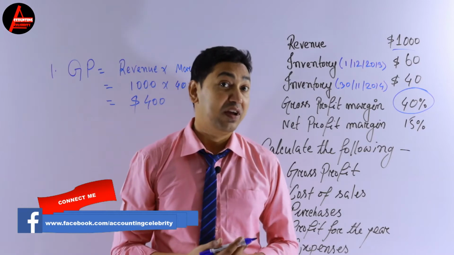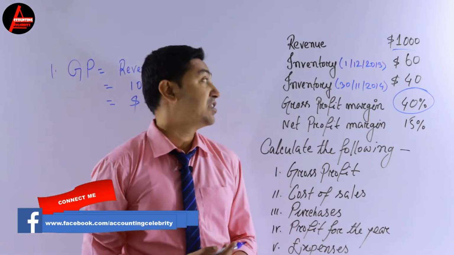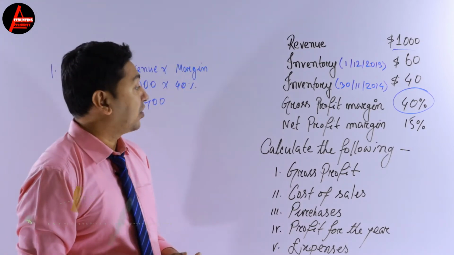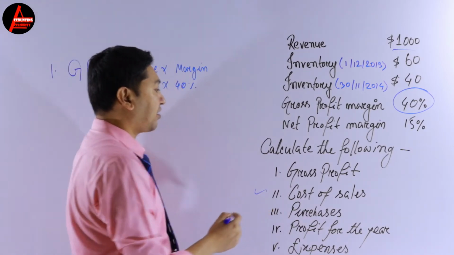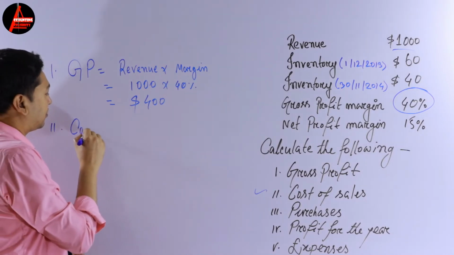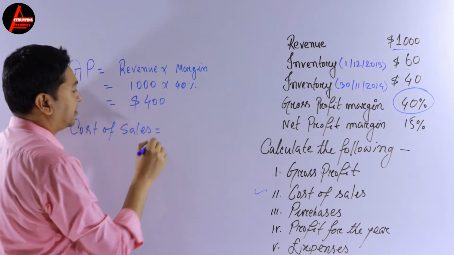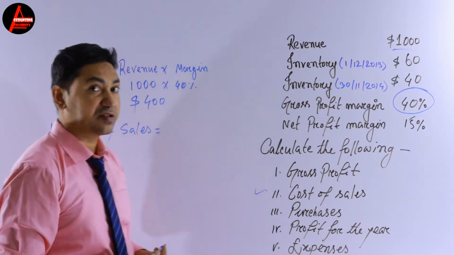It's very easy when you know. Okay, so that is why you need to practice the formula, the way to calculate these ratios. Okay, what is next? Number 2 is here, cost of sales. Now, how to calculate cost of sales?